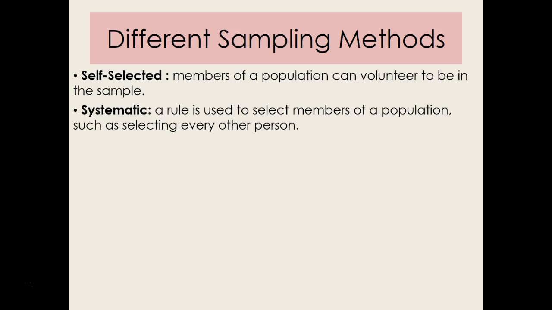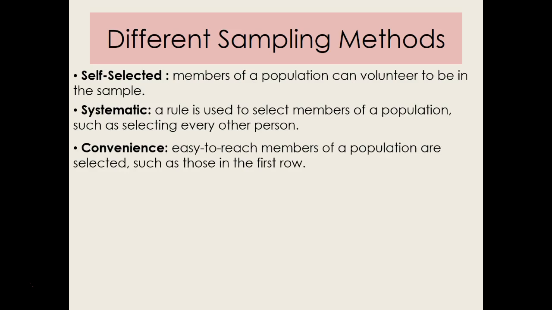The rule is going to allow us to select members of the population by basically using a pattern, to select every 10th person that gets off of the new ride at the amusement park, or every 25th bolt that comes through the assembly line, and then they'll inspect those people or things based on that pattern.